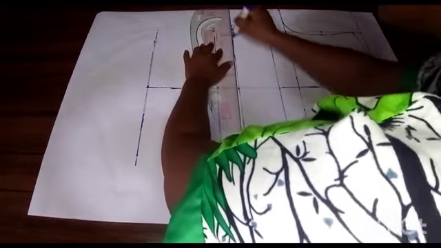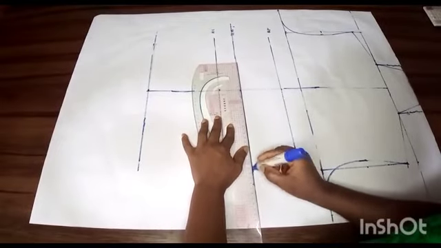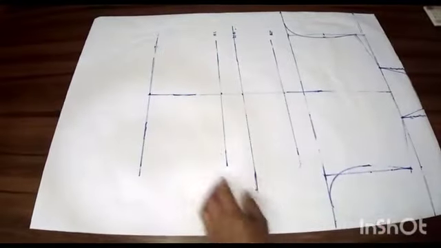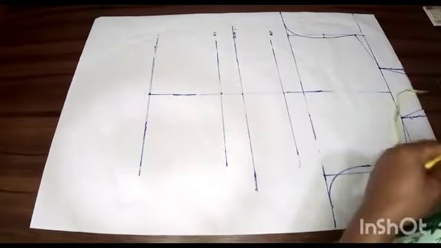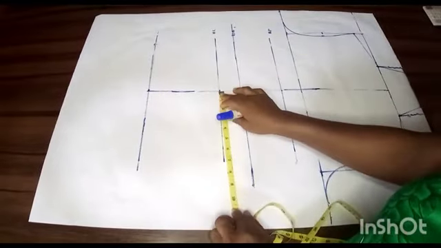The same formula applies to the underbust and the waist: underbust circumference or waist circumference divided by 2 plus 0.5.